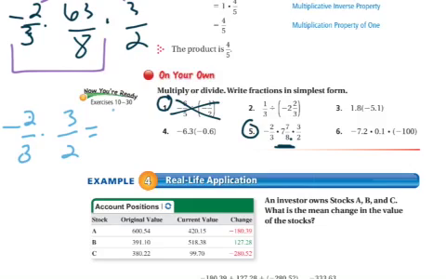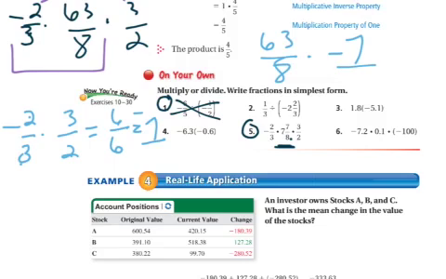3 times 2 is 6. 6 over 6 is 1, so it's a negative 1. Now I have 63 over 8 times a negative 1. Any number times 1 is that number, so you don't even need to simplify. You end up with 7 and 7/8.